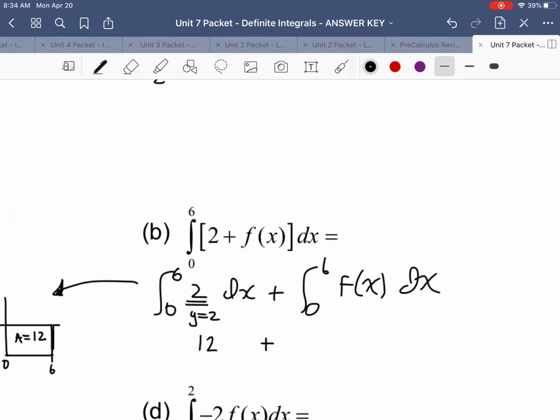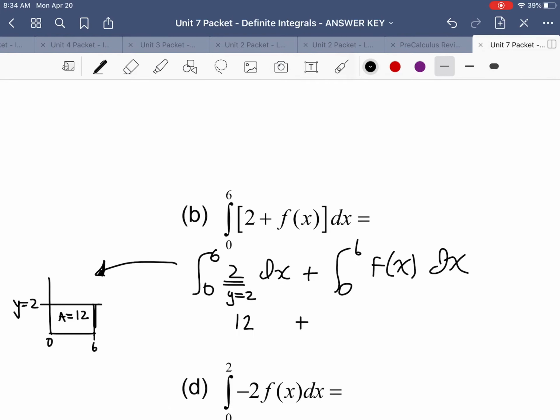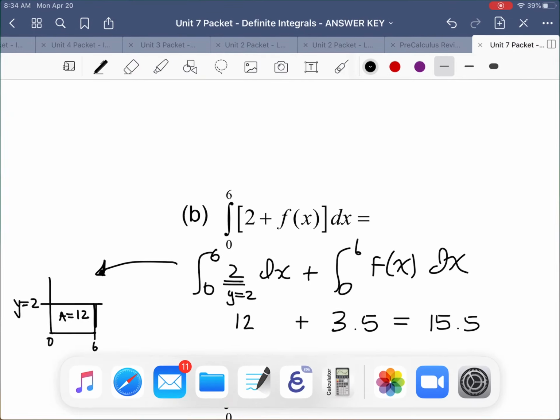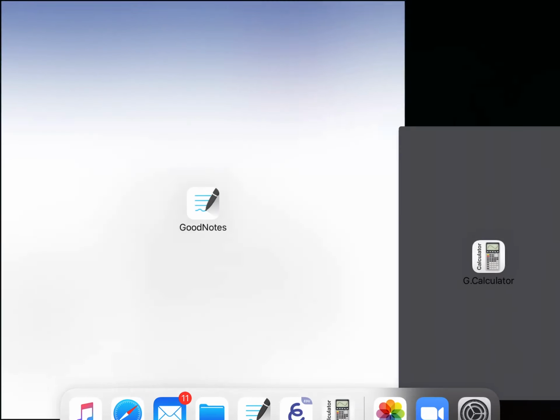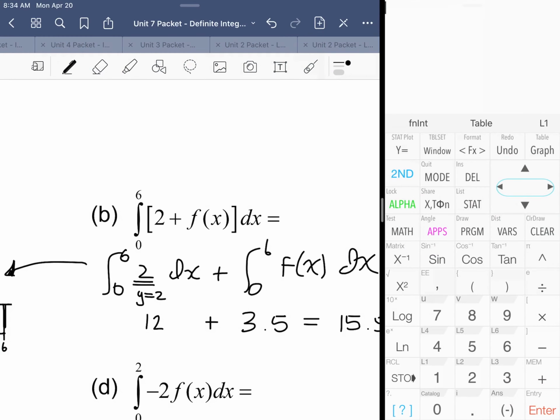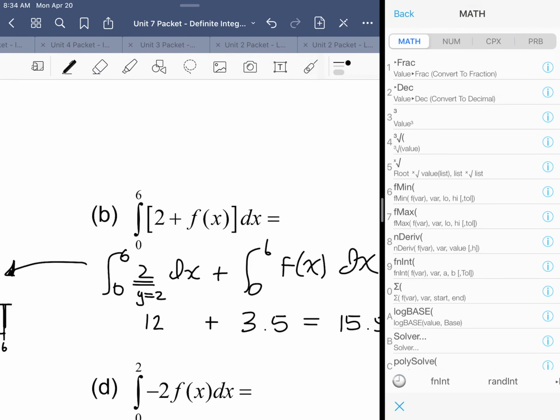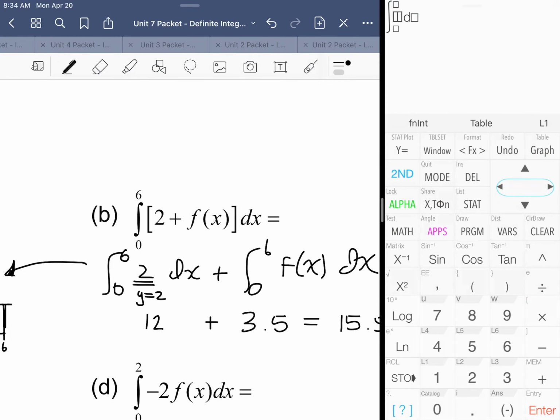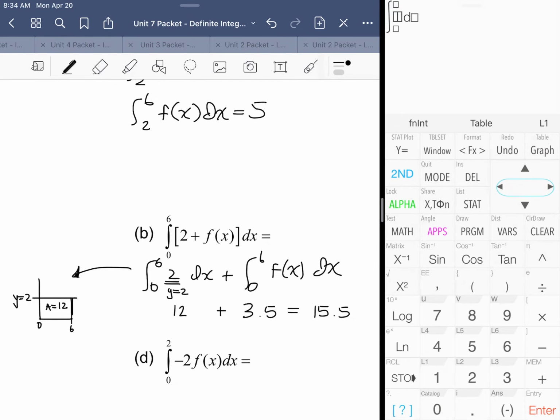Very good. So I have a 12 here. Now, going from 0 to 6, they told us that was 3.5, so we already know that. So 15.5, final answer. Now, a different approach. Math 9. If you have a TI-84 with the correct software, because the most updated software is the correct software.